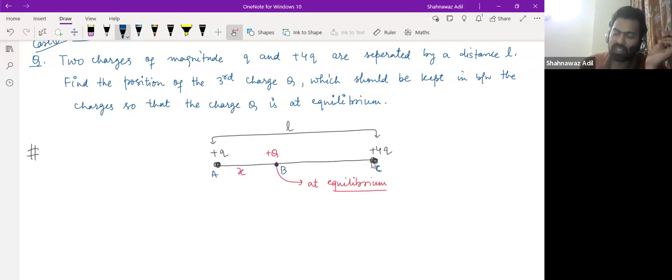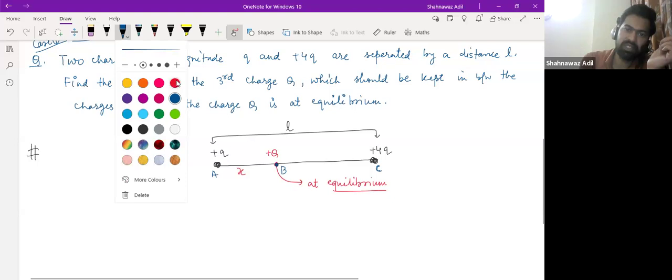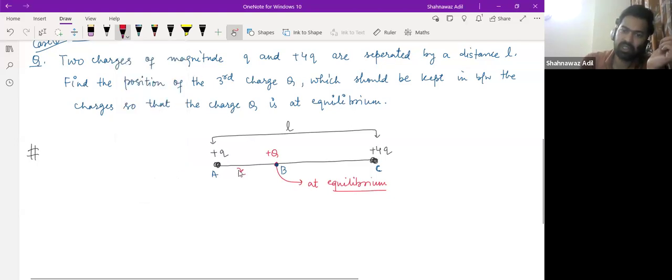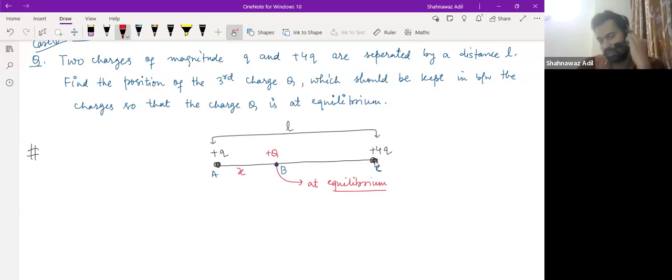So what would be BC? If AB is X, what would be BC? The total length is L. From here to here, that is X. So what would be the rest of the part?